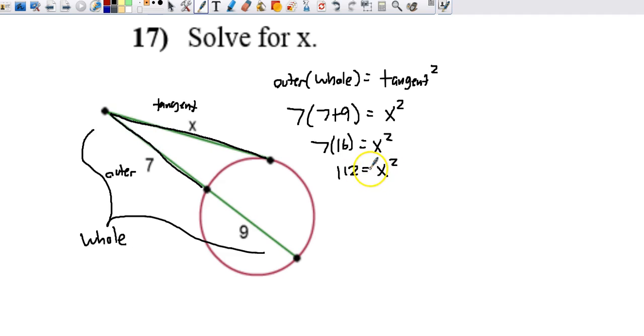All right, to solve that for x, we're going to square root it. So it's going to be above 10. Let's take a second to find the square root of 112. I got 10.58.